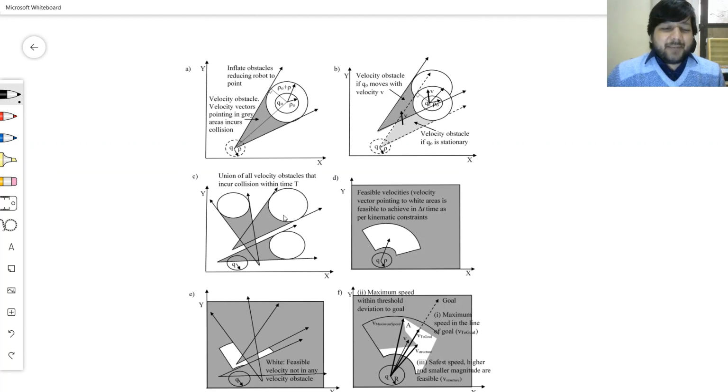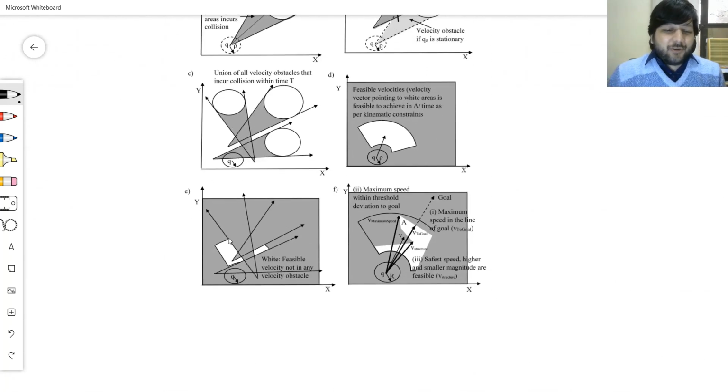I've got the same by multiple obstacles, so I just take a union of all of them. Then I say these are the only ones which are kinematically feasible. So I overlay the kinematic feasibility all over, and I see the white which are the ones which I can select. And once I know the white ones which I can select, this is the maximum speed in the direction of goal.